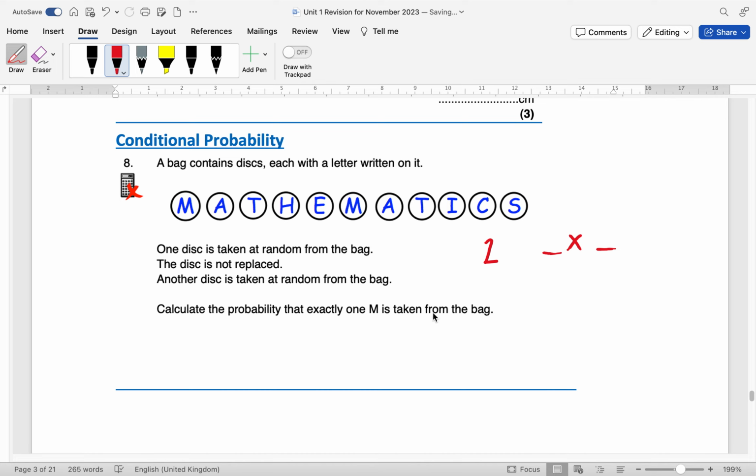Right. If this is a question about M's, then every other letter is not M. If this was red and blue and yellow, and it was a question about red, then everything else becomes not red. So in this case, I have 2 M's, and I have 1, 2, 3, 4, 5, 6, 7, 8, 9 not M's.